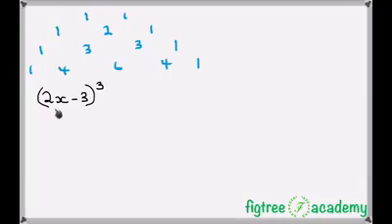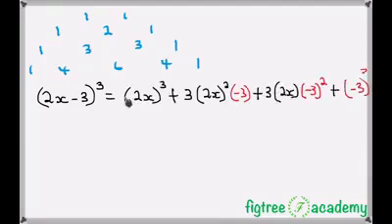You can also be given the first term as 2x, and you are required to expand. You can use the Pascal triangle. The degree is 3 here, therefore I will use 1, 3, 3, 1. These will be my coefficients.